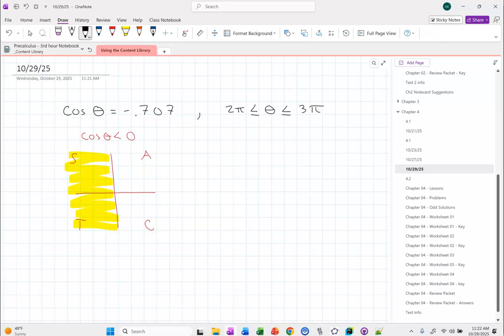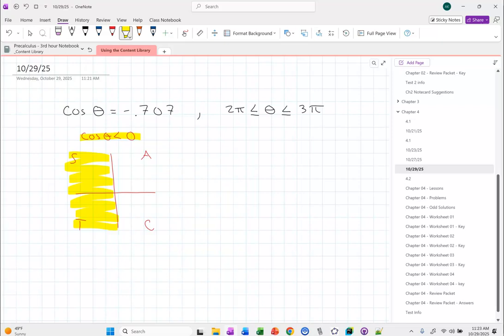I think drawing it is the best way by far. Why did you highlight S and T? Where cosine is equal to a negative value. So that's S and T.